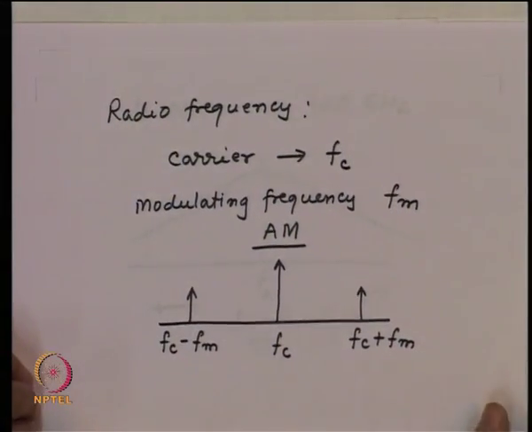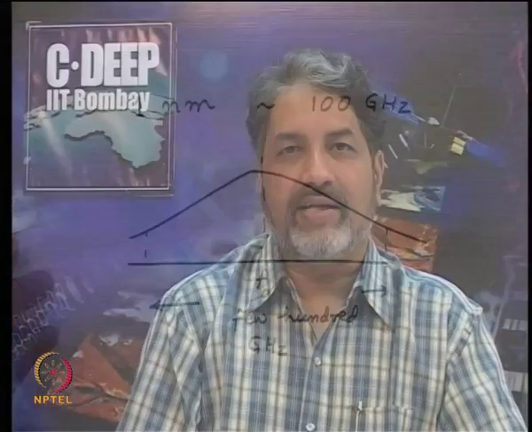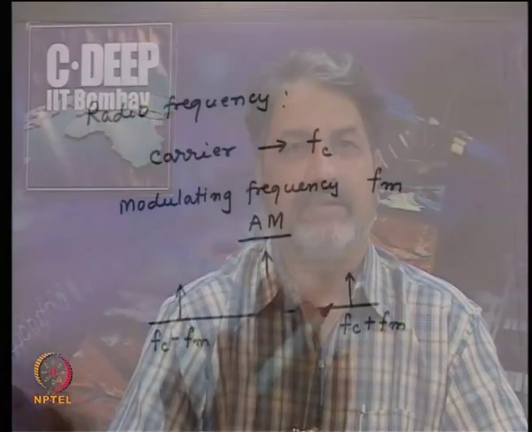Whereas when we go to optical signals, the spectral width of the carrier is not only comparable, but will be much larger compared to the modulating signal. And obviously, when this happens, something fundamentally changes, conceptually changes.